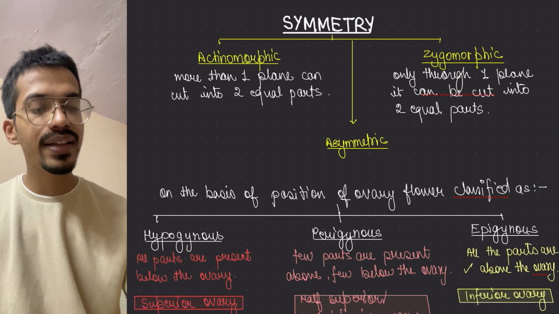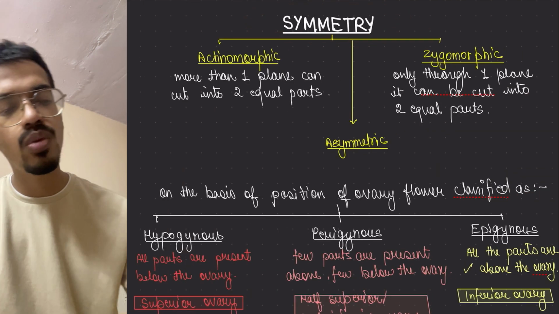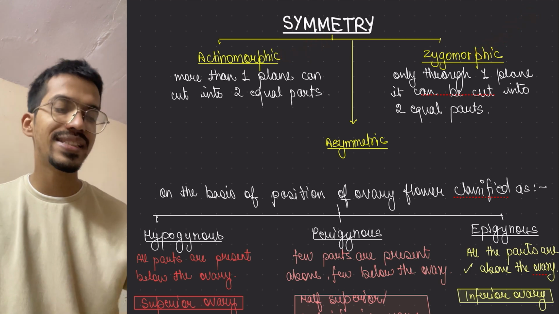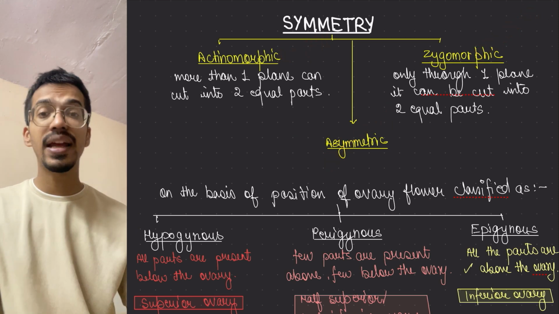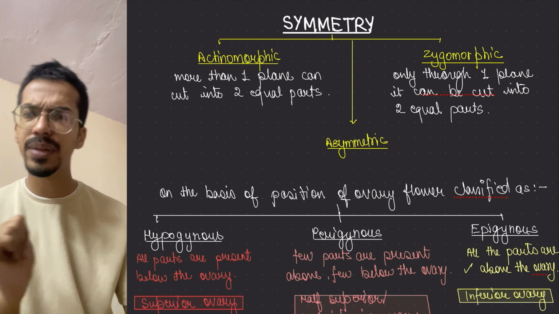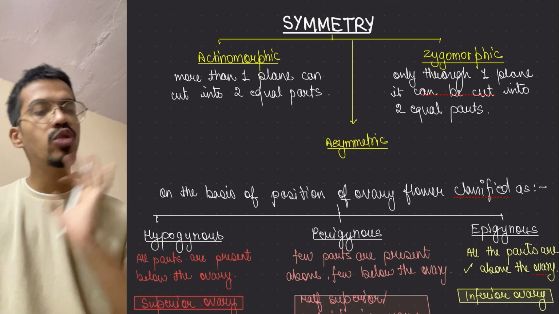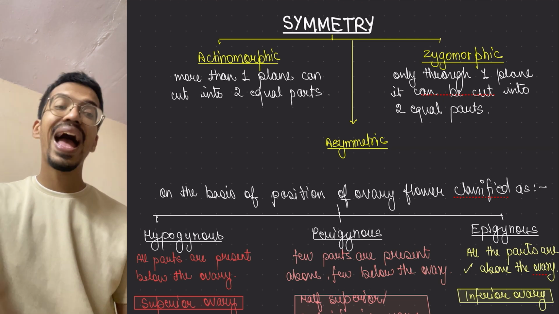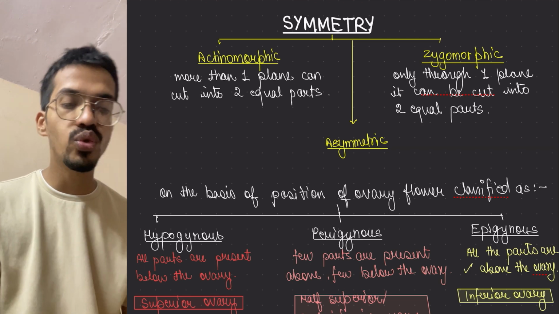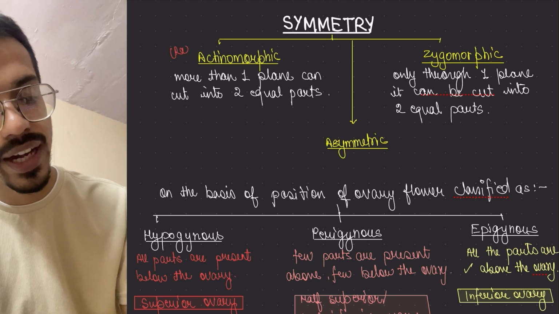Whereas bisexual has both male and female parts present. Next thing is symmetry. In symmetry we have actinomorphic, zygomorphic or asymmetric, like Canna. NCERT has given these examples, so I am not writing the examples here because we are understanding the word meaning more. Actinomorphic means radial symmetry.